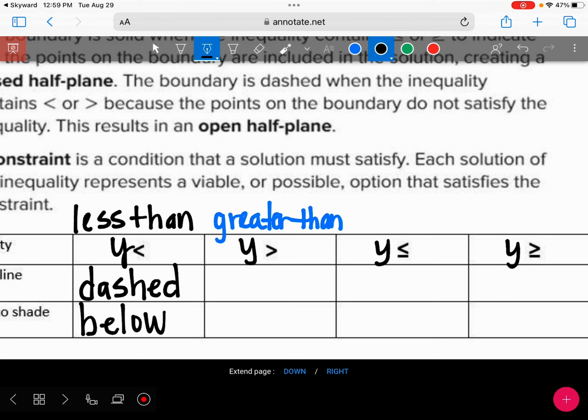So if it's greater than, we still graph it with a dashed line, except now because it's greater than, we're going to shade above.